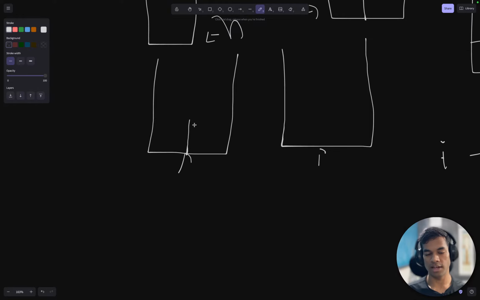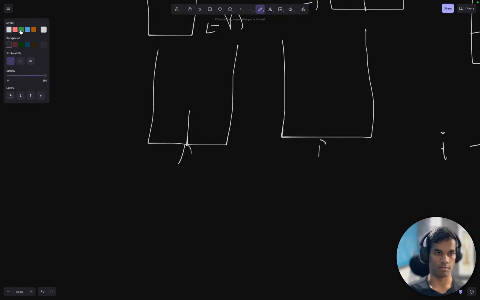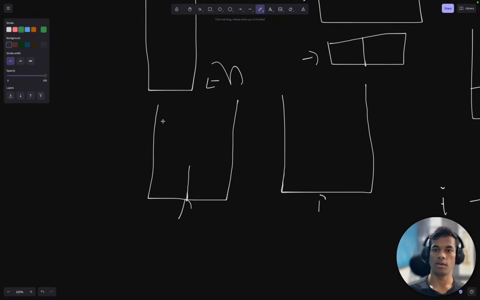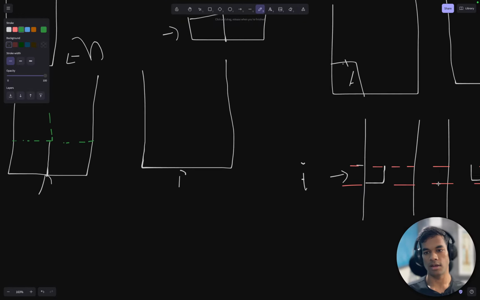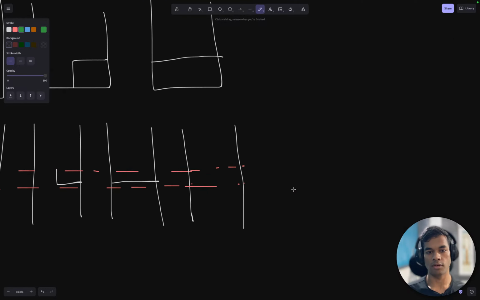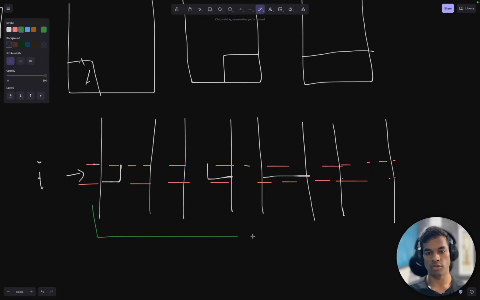Sorry, my bad. When we begin with something like this, we need to have either a line here, or here, or here. So if we begin with something like this, then among these four choices, we can choose any one of these three choices. We have three choices that we can go forward with.